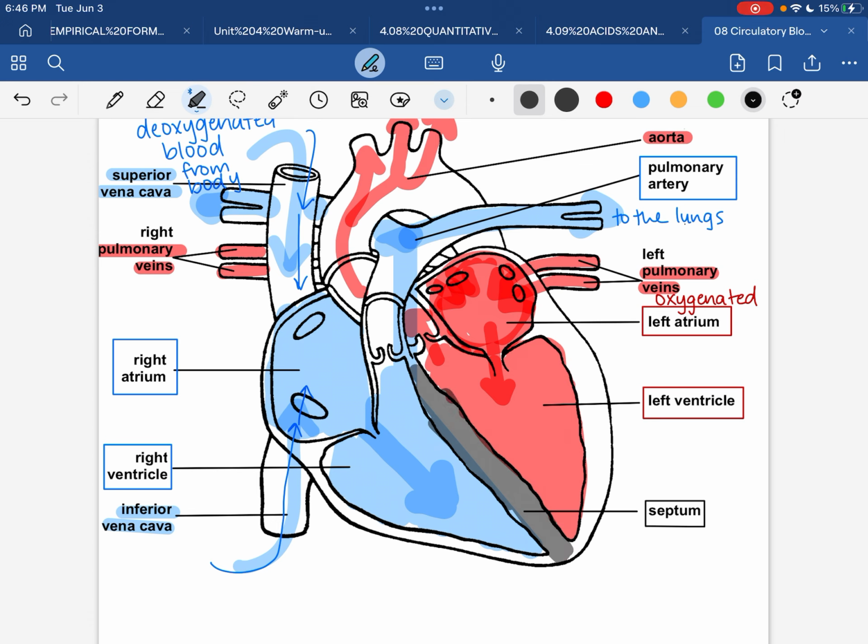And the purpose of the septum is to keep the deoxygenated blood separate from the oxygenated blood, so that they don't mix. And that's really important so that our body gets the most amount of oxygenated blood as possible.